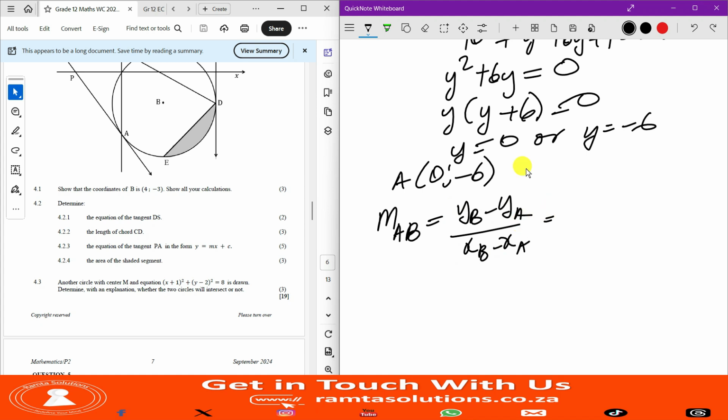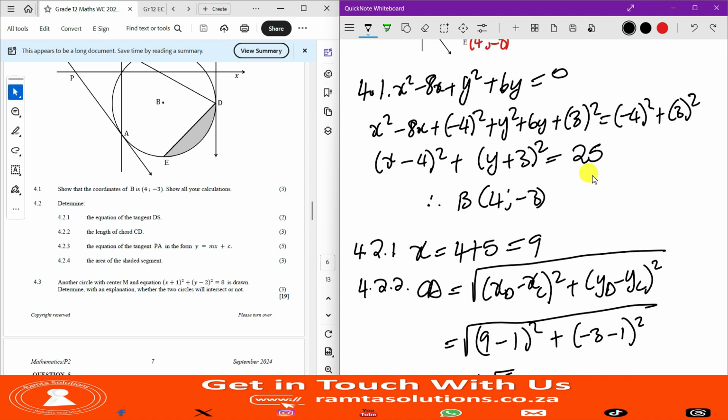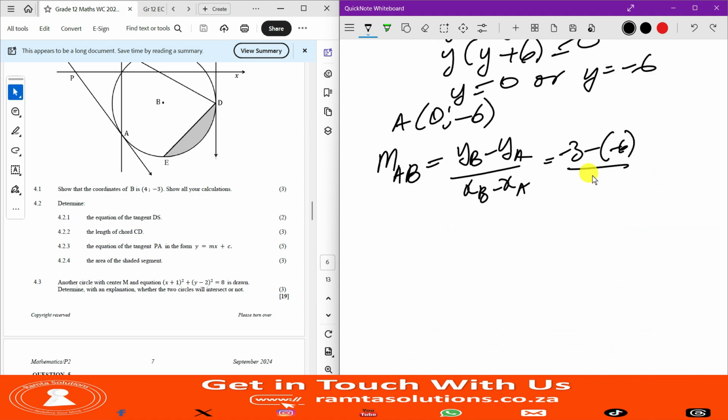Y value of B was minus 3, isn't it? Y value of A, we just found to be minus 6. X value of B was 4. X value of A is 0.